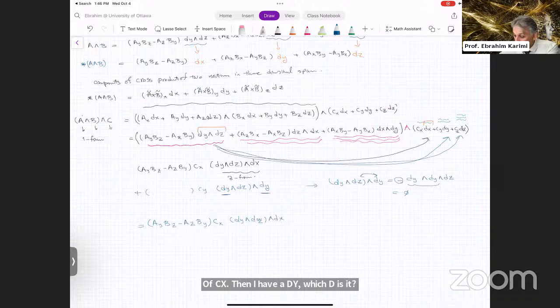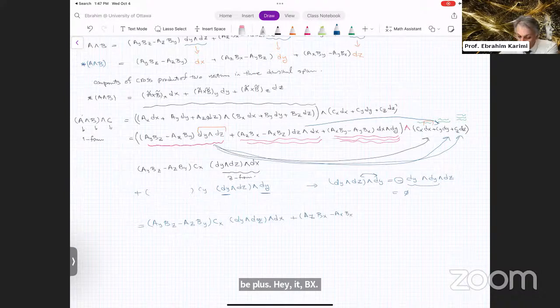The second term I also have: plus (AZ BX minus AX BZ) of dz wedge dx wedge dy.